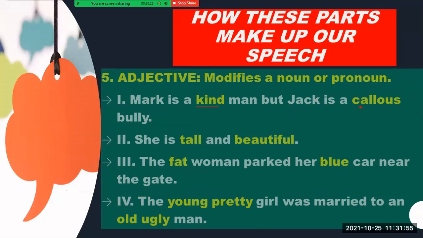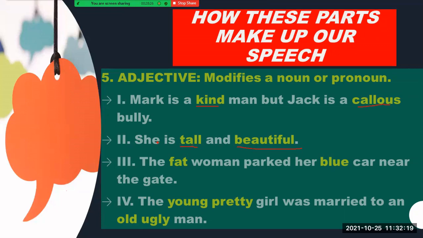But Jack is a callous bully. Callous is the adjective describing the bully. Example, she is tall and beautiful. Tall and beautiful are adjectives describing she, telling us the type of person she is, how she looks.